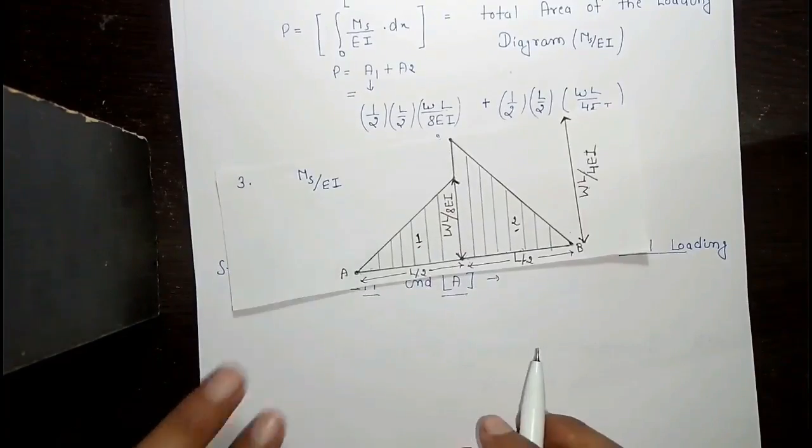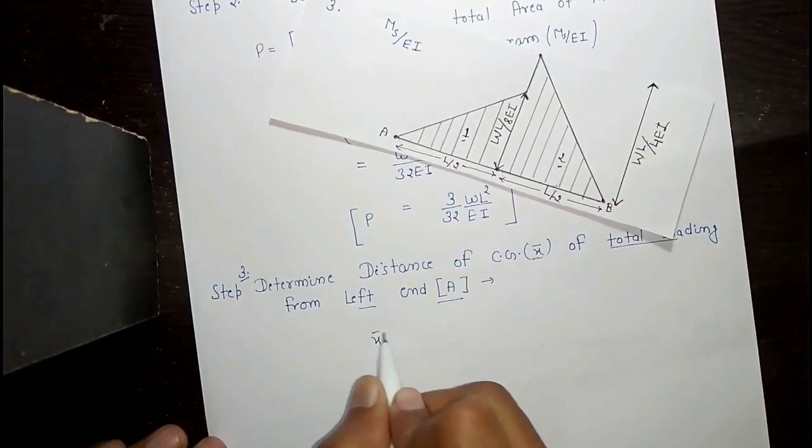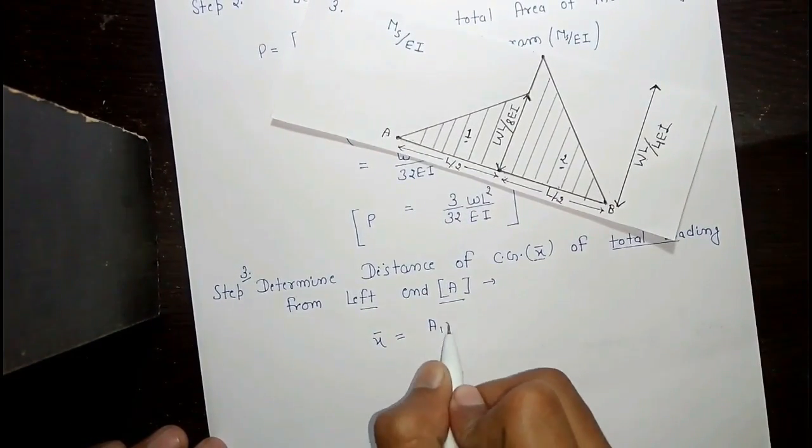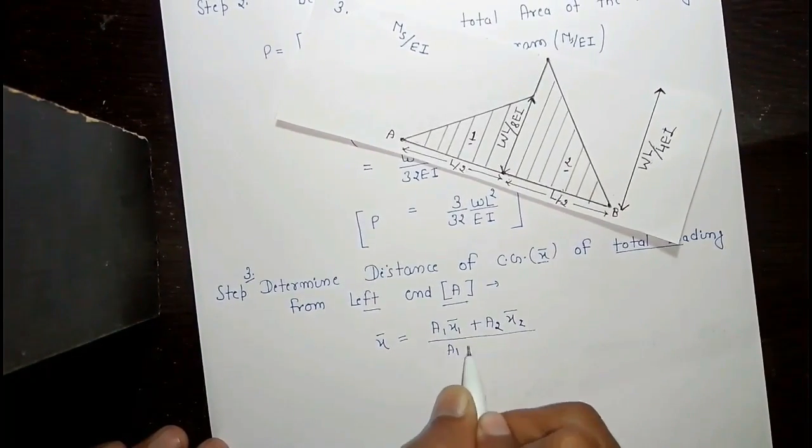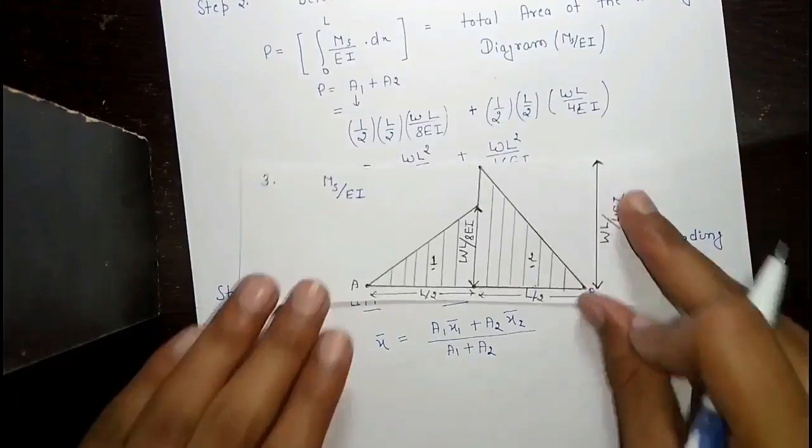Now step 3, determine the distance of CG, x bar, of the total loading from the left end A. There are two right angle triangles. Now we know the formula for the distance of CG is equal to this.